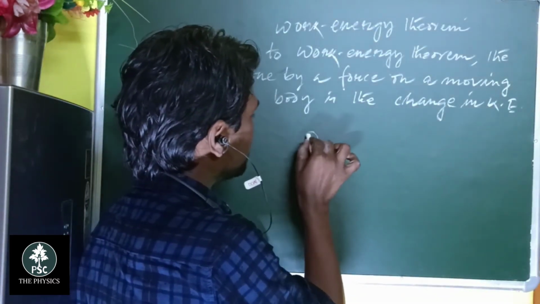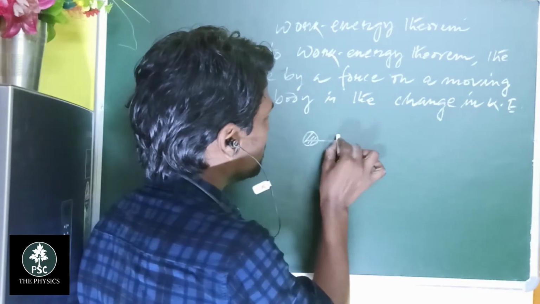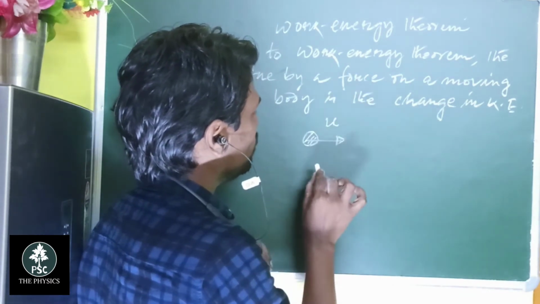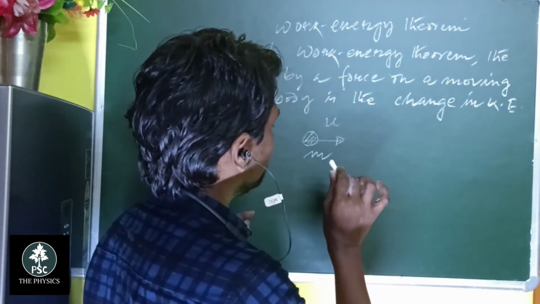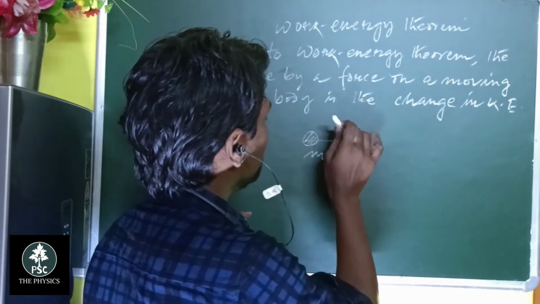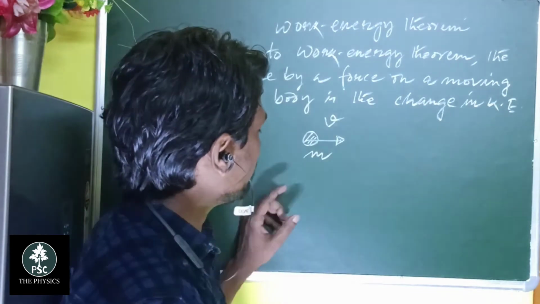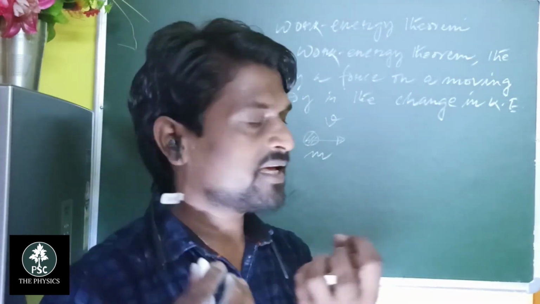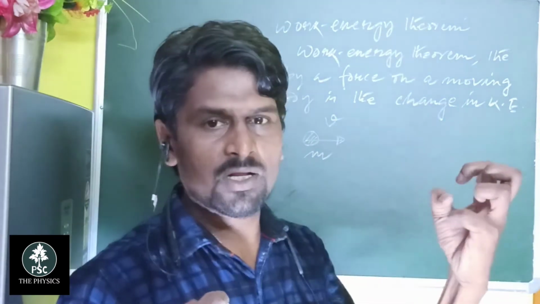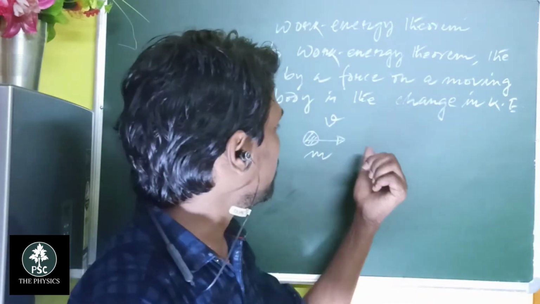So students, there is a moving body and it is moving with a velocity u, and its mass is m, and you can think that this is a velocity v. एक body है और body का mass m है, और body जो move कर रहा है उसके साथ जो velocity related है वो है v.